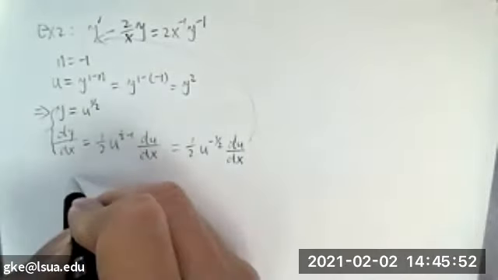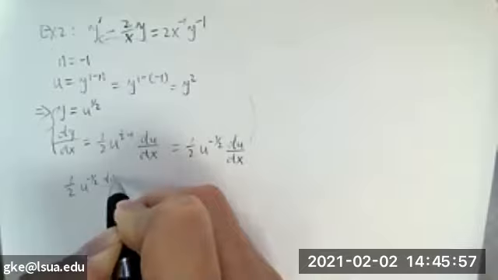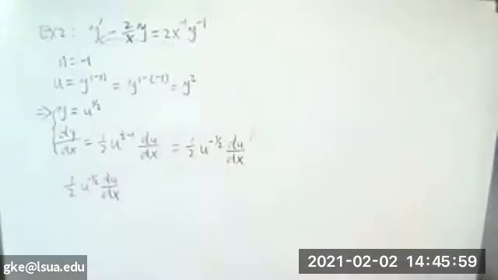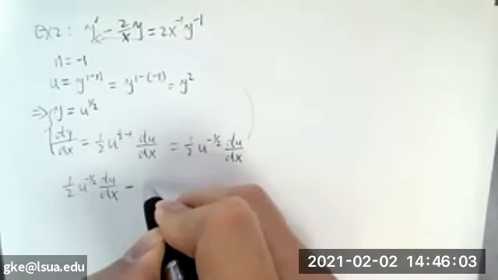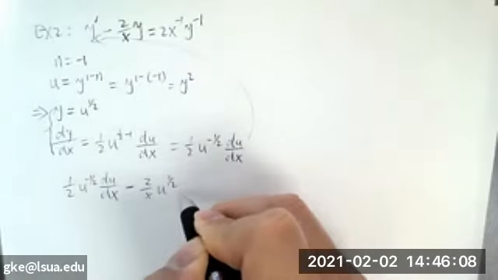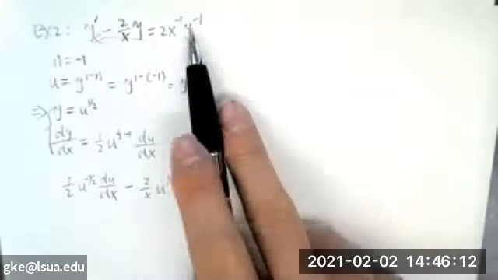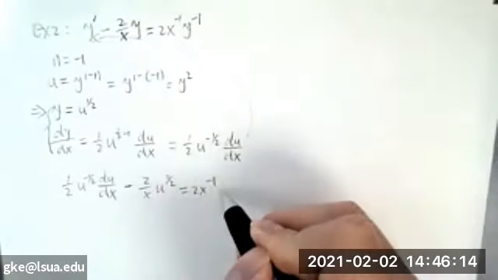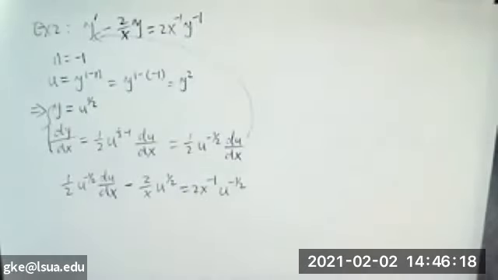So we have what? This will be 2 over x times y, and y to the power -1 will be u to the power -1/2.